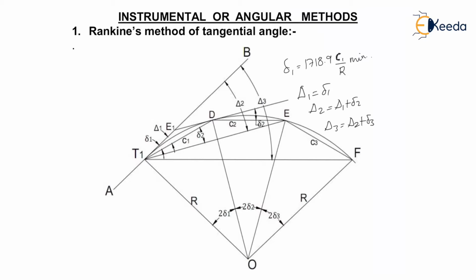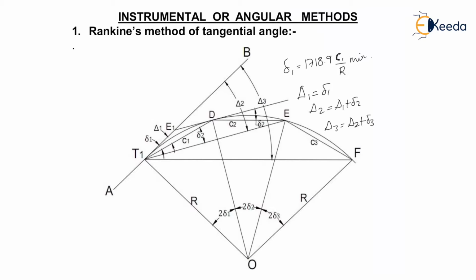After knowing the total deflection angles, from your tangent AB, by knowing this deflection angle, we can establish the points, and then simply join these points to get a simple curve. Knowing the positions, we can find the points D, E and F, and just join T1, D, E, F by a smooth curve.